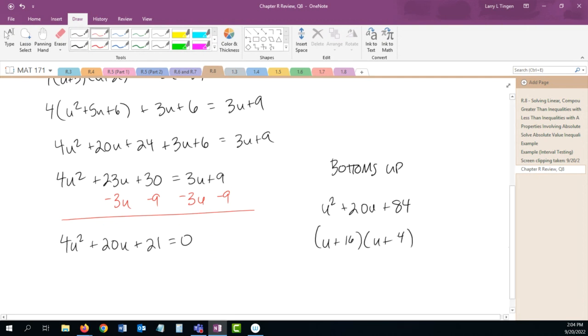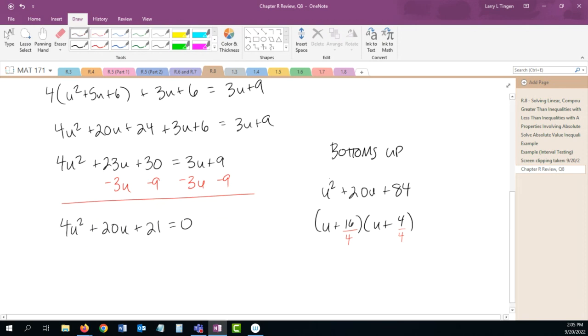But then remember, you have to come back and deal with the fact that you multiplied both sides by A. Let me just, again, this is for us and for the people that come behind us. A times C is what gave us the 84, and now this 4 is what's dividing. So I end up with, oh, both of those divide. U plus 4 times U plus 1.